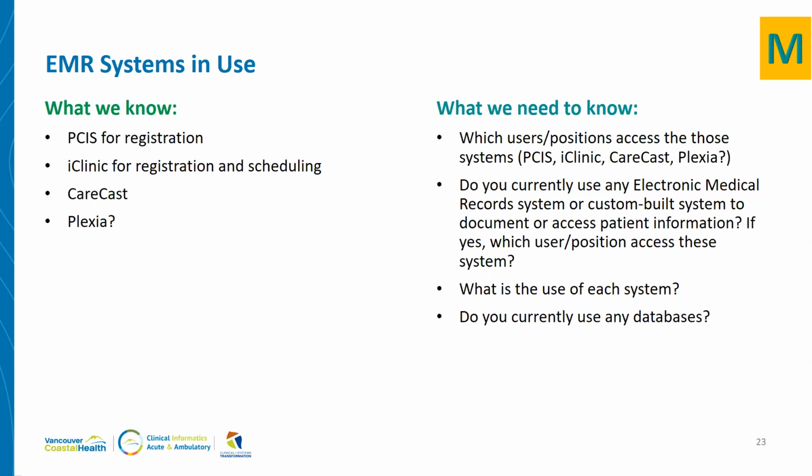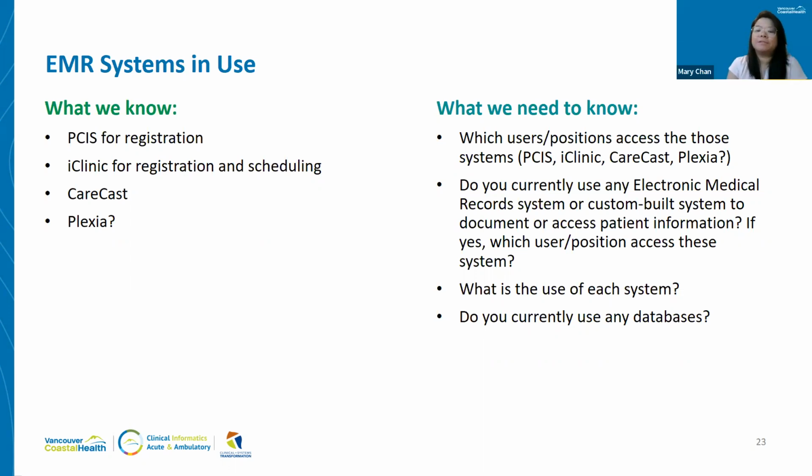Okay. And can you dive into a little bit of how PCIS and iClinic are used in the clinic? Oh, for me, PCIS, I register the patients. iClinic, I check in the patients as they arrive. And then Care Connect and PharmaNet, I print reports as needed, and demographics as needed. Great, thank you.